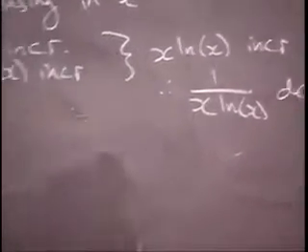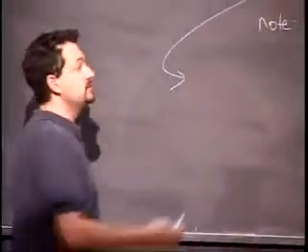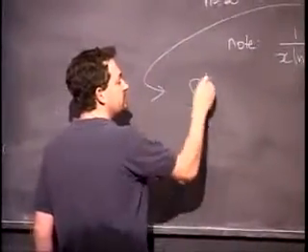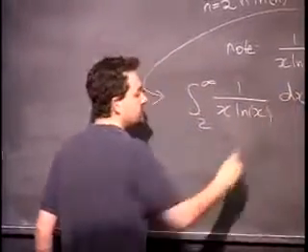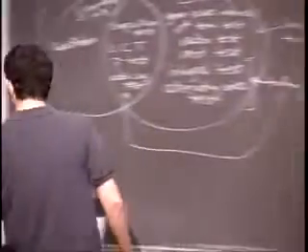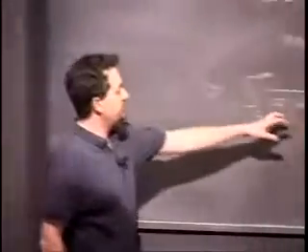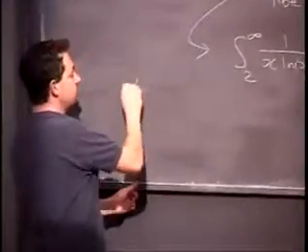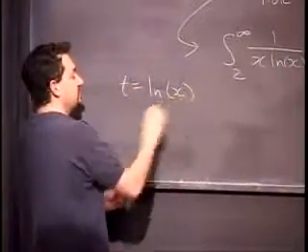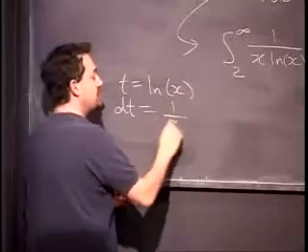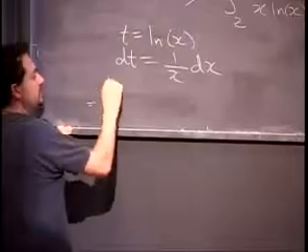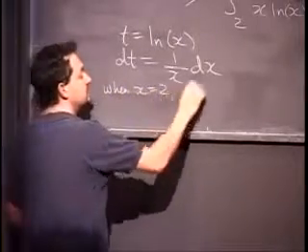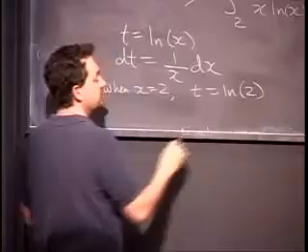But in any case, having said that, take a look at this integral. We want to just see whether the integral converges or diverges. Well, we've already looked at this problem a few weeks ago. We saw that the way to do it, given the tricky relationship between log x and 1 over x, is to substitute. We put t equals log x, so dt is 1 over x dx. Also, we've got to pay some attention to the bounds. When x equals 2, t is actually the logarithm of 2.